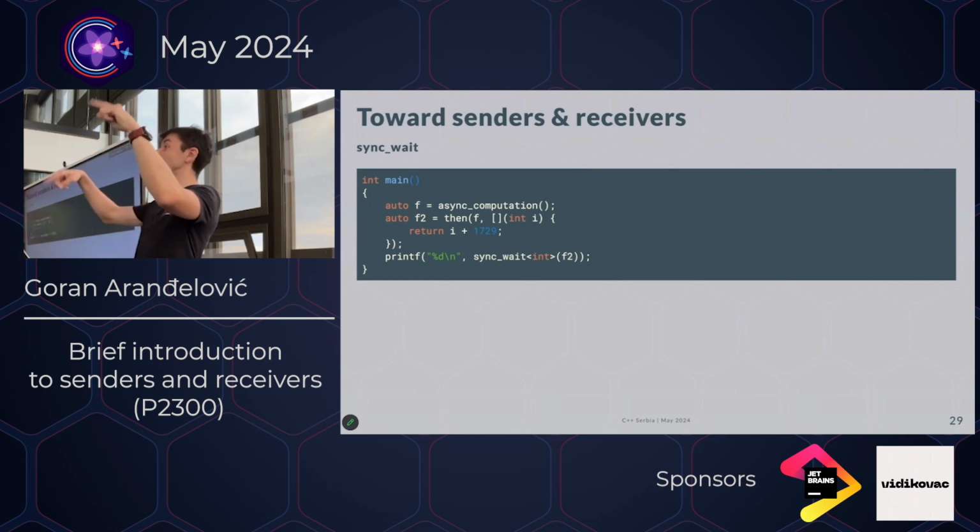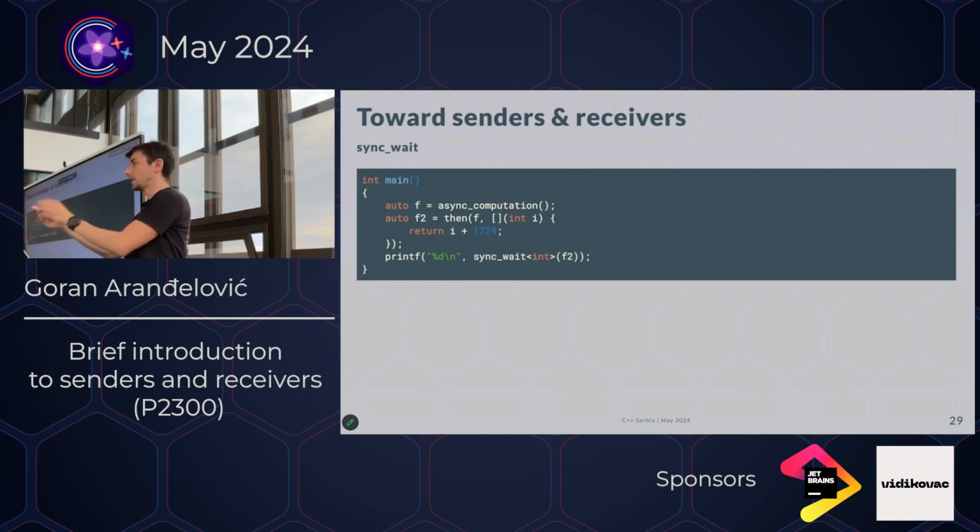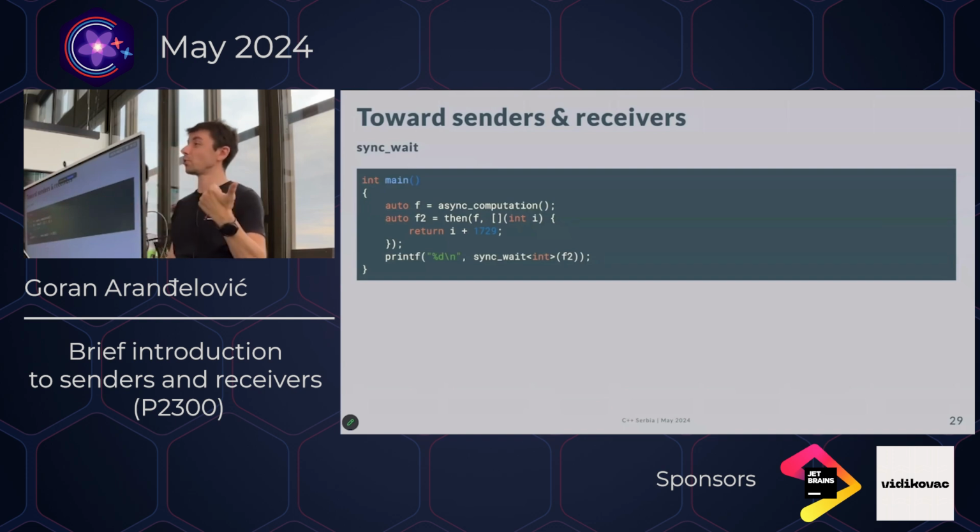So they will not run concurrently. This is an important thing. One async computation will be finished, and you can freely attach another async computation. The only thing is that in that case, you can choose where you want to execute it. You don't need to execute it on the same thread pool you started from. Okay? That's the difference.